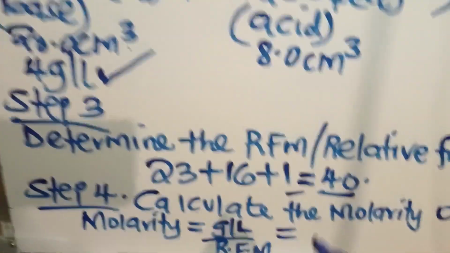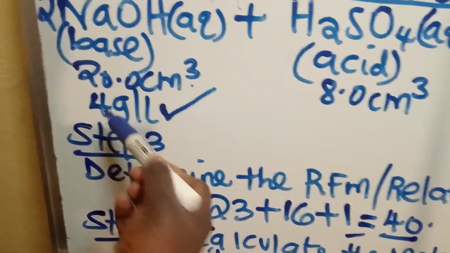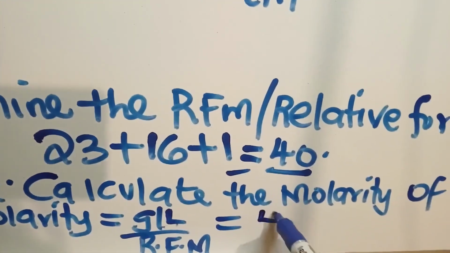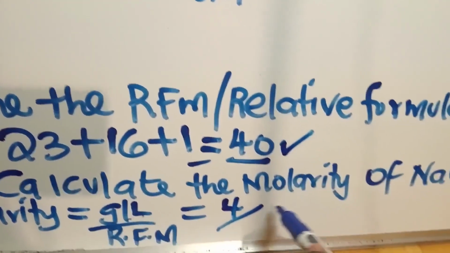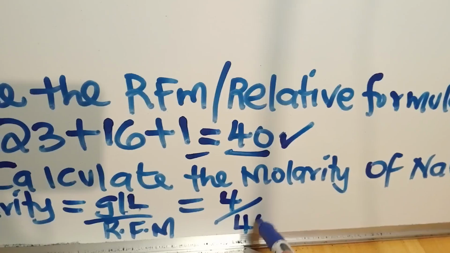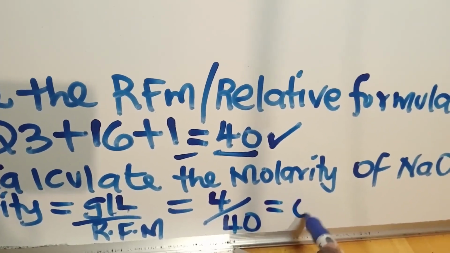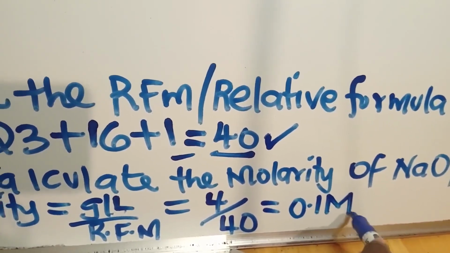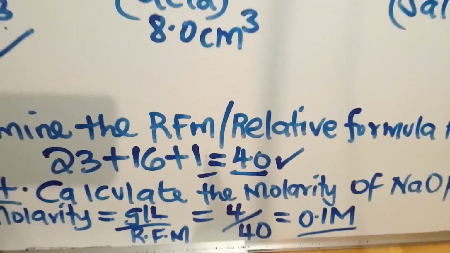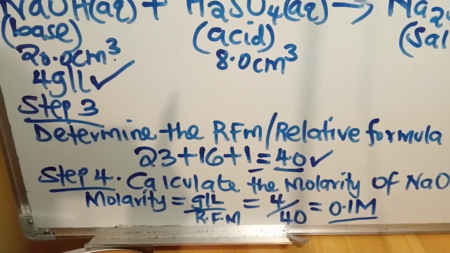The gram per liter is 4, so we write 4 there, divided by the RFM, which is 40, and then we get 0.1 molarity, written with a capital M.